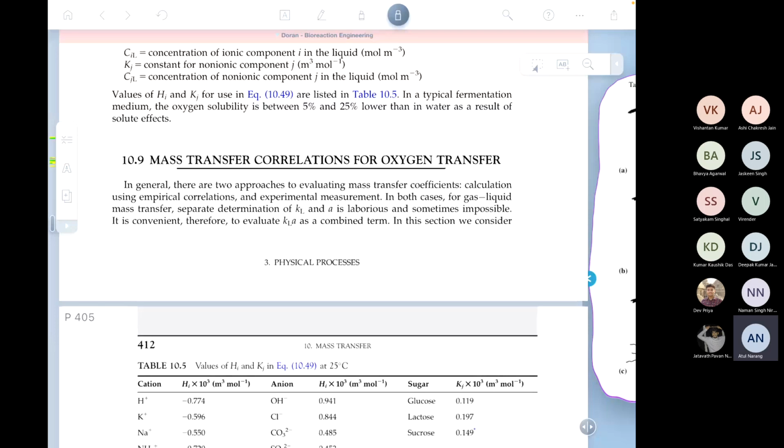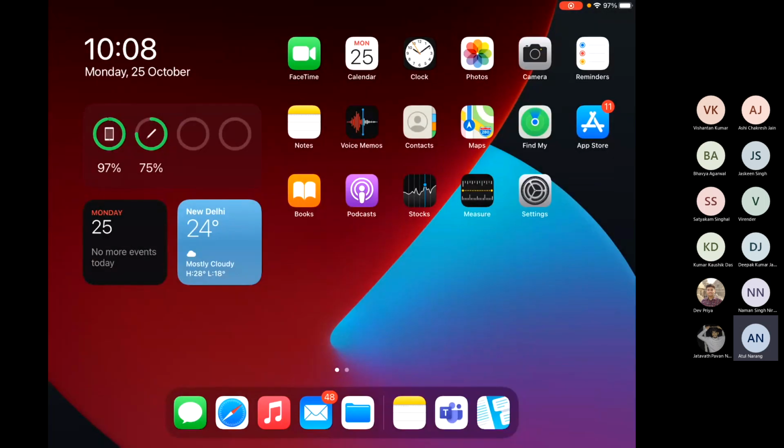since we are dealing with a sparingly soluble gas, CO star is essentially that concentration which was originally defined as the concentration in equilibrium with the bulk concentration pi A in the gas phase.